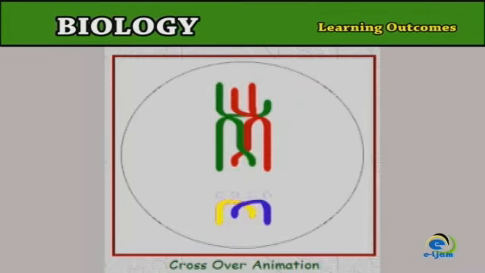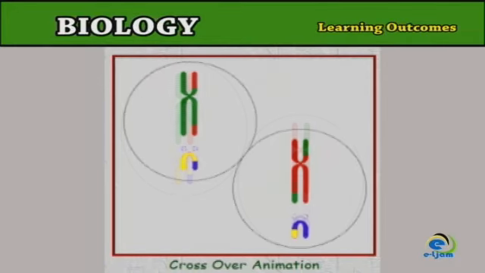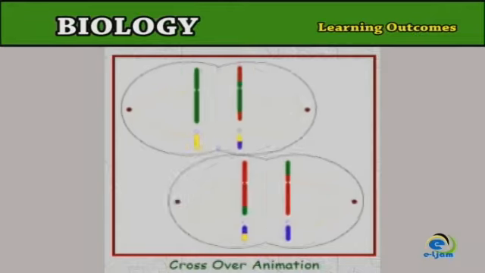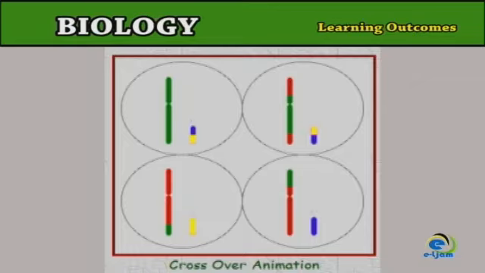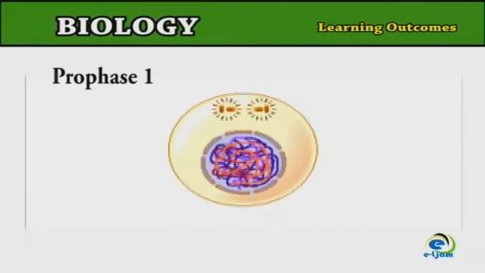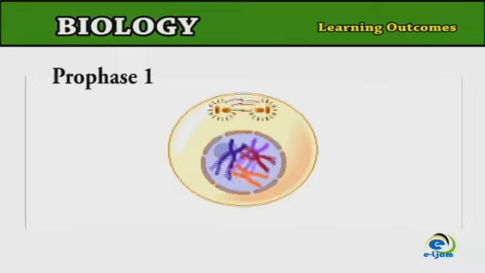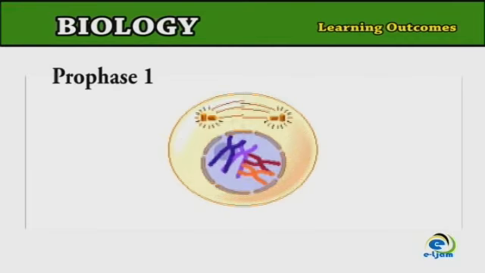Centrioles, if present, arrange themselves at opposite sides of the nucleus and a spindle forms. Homologous chromosomes associate with each other, in that they lie side by side. As prophase 1 proceeds, the homologous chromosomes may become intimately coiled around each other and exchange genetic material.